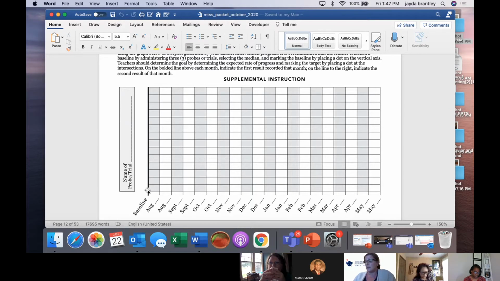The baseline, I think, is really important. Sometimes we don't include baseline because we get so busy and think, I don't have time to do that. But I think it's really important to have that baseline prior to intervention starting. I would write my numbers up the side over here. So this axis would include numbers, and depending on what I'm progress monitoring, these numbers might be different.